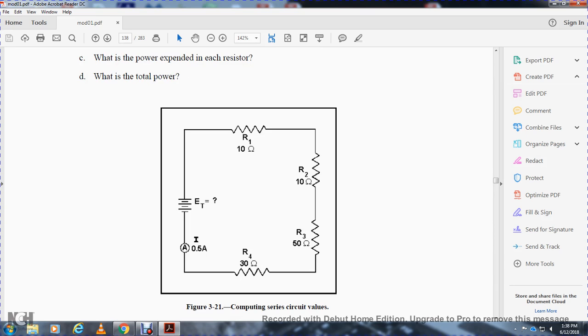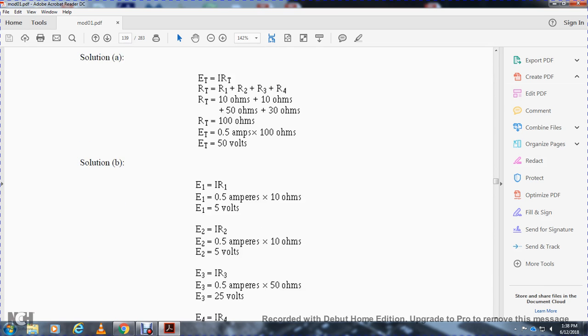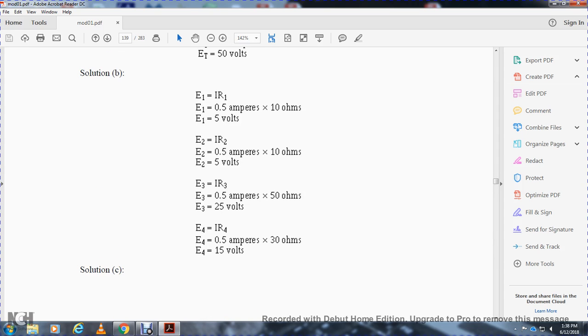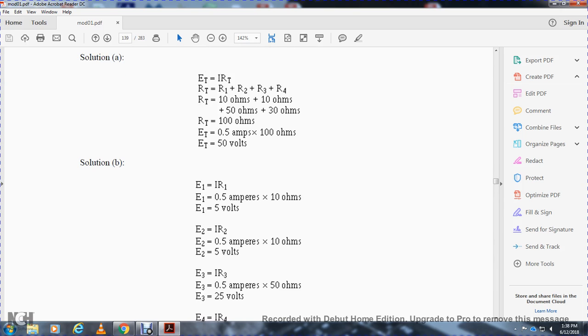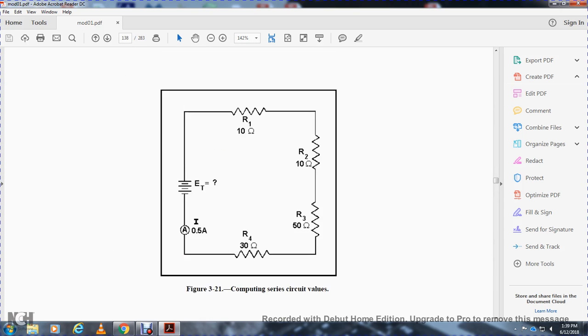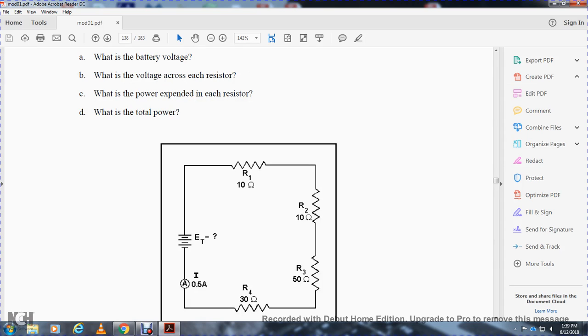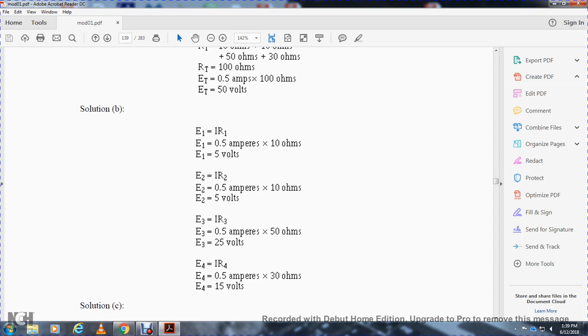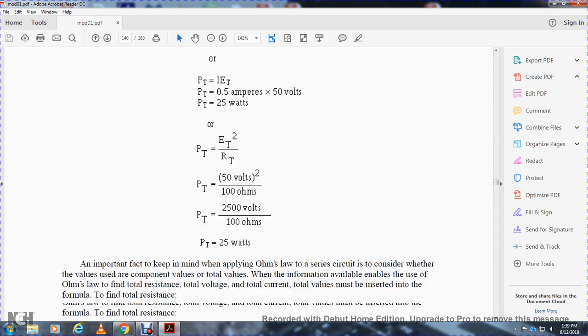Your total resistance would be 100 over 0.5. All right, let's just continue.